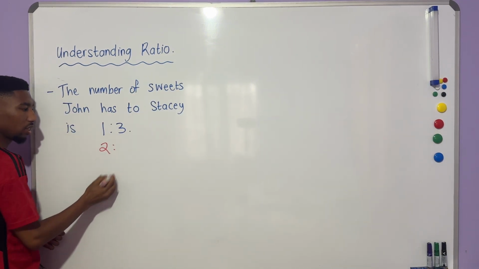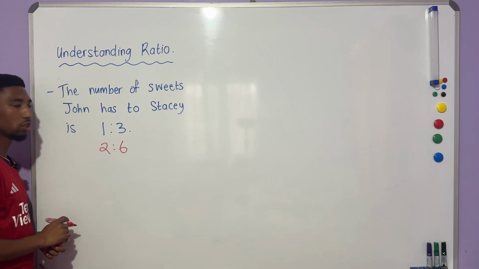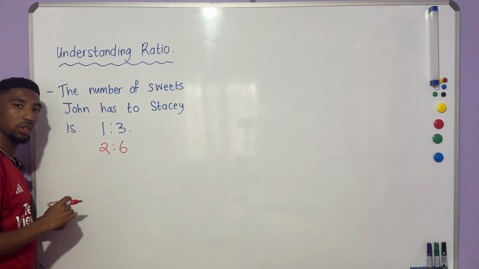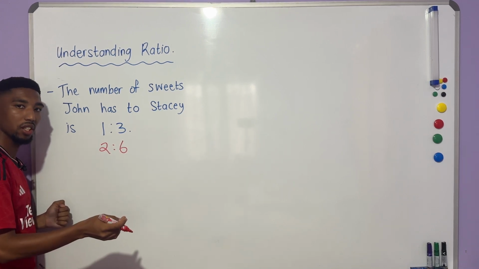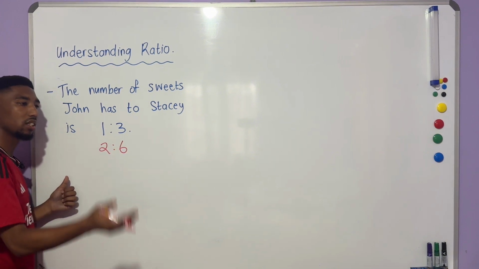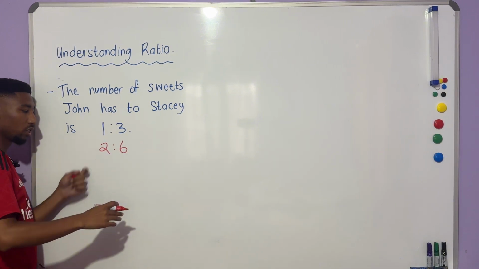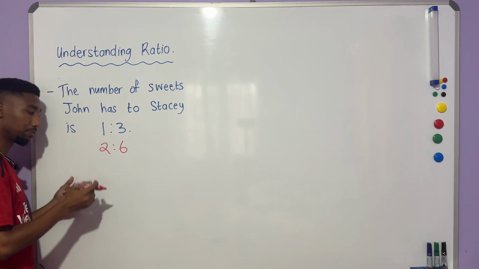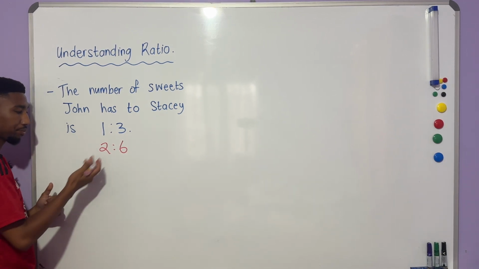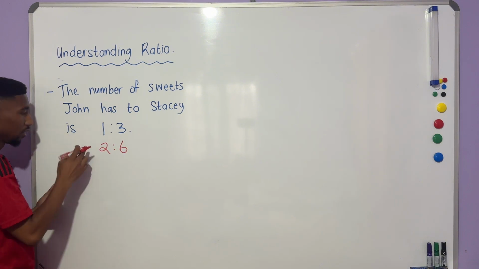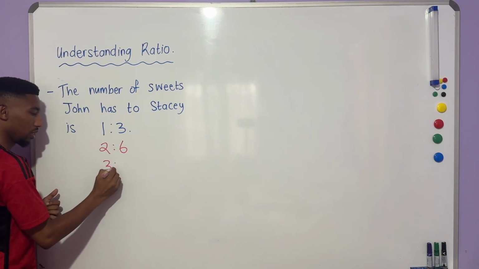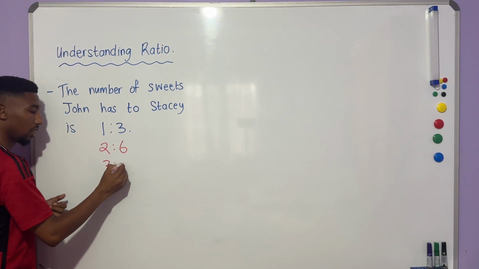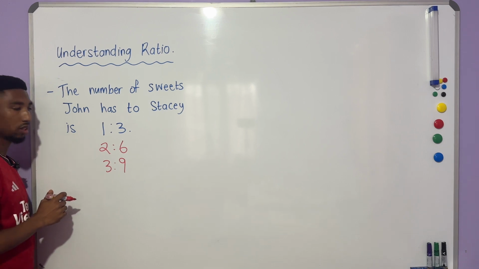That means Stacy would have 6 sweets, because for every one sweet that John has, Stacy will have 3. If John gets one more sweet, Stacy gets 3 more sweets. So John would have 2 sweets, Stacy would have 6 sweets. If John had 3 sweets, Stacy would have 9 sweets.